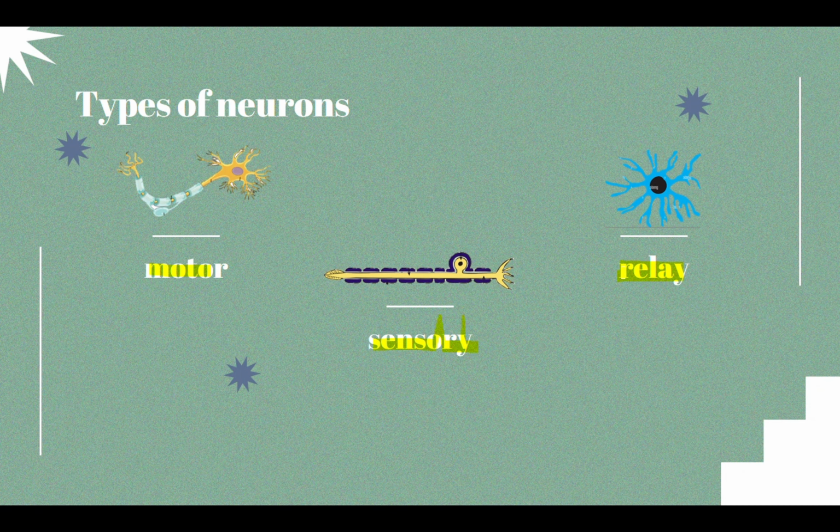And from the receptor, it will travel through the sensory. So the sensory is the one that you can find throughout your body to send the messages to your brain or your spinal cord. While the relay is found in the central nervous system, where the brain and the spinal cord are found. And lastly, we have the motors. The motors are connected to glands and muscles.